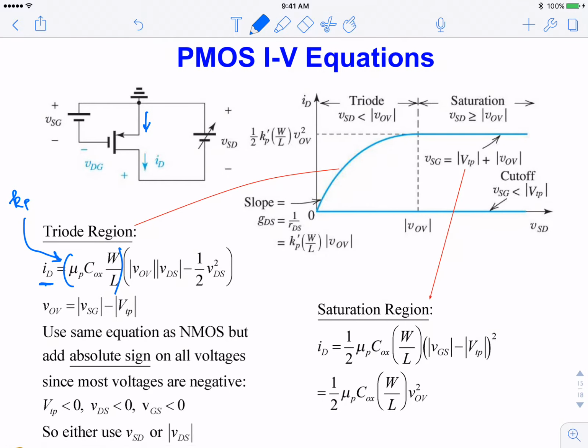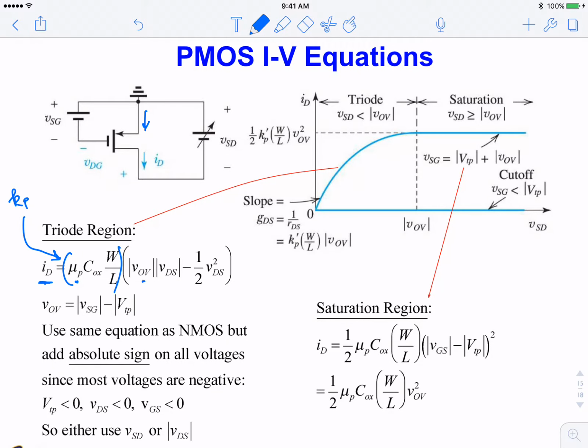Everything is the same except you use the mobility of the holes rather than the mobility of electrons, and you have exactly the same equation. It's overdrive voltage, VDS, and VDS.